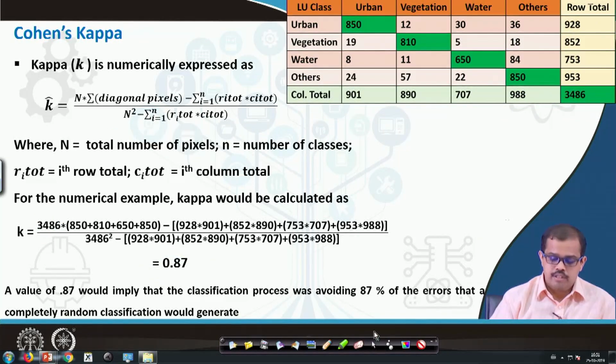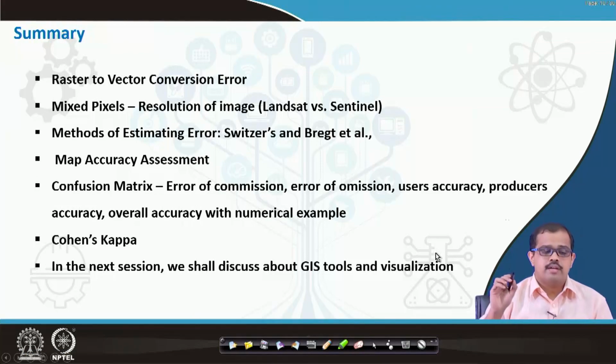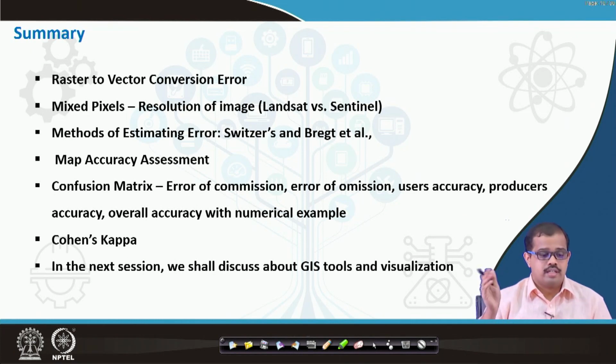These are different methods of looking at raster data. Now when we look at the summary, we looked at what errors may come from raster to vector classification. Among the errors, we looked at mixed pixels. I explained what a large scale image and a small scale image are and why the mixed pixel would come. So we looked at Switzer's method and Brett et al.'s method.